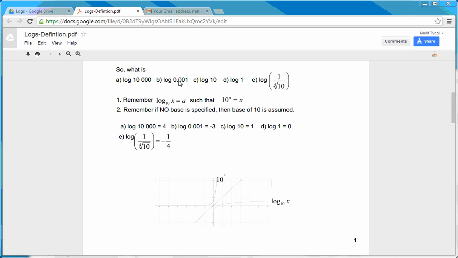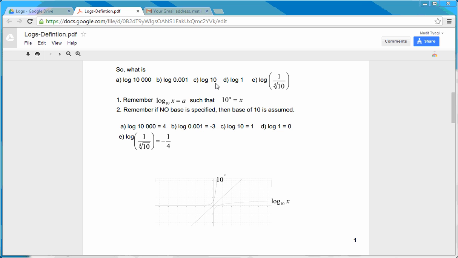So this 0.001 can be written as 10 to the power of negative 3. And you can clearly see that you need to raise 10 by the power of negative 3 in order to get 0.001. So the log of 0.001 is equal to negative 3.